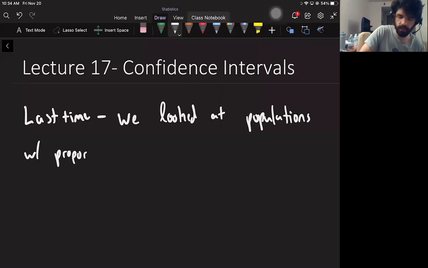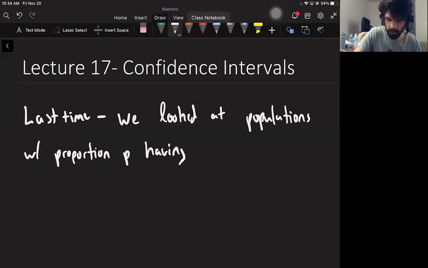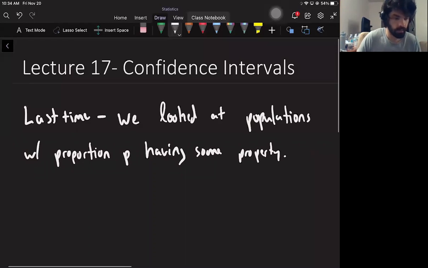So we studied sample proportions. There was some proportion of the population that you call P, having some property or trait. So that's how the problem begins.